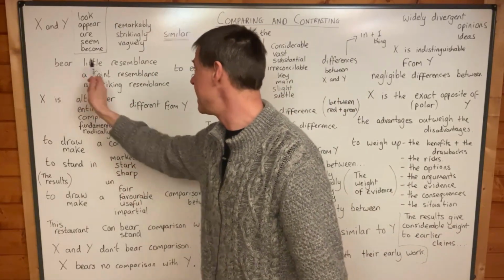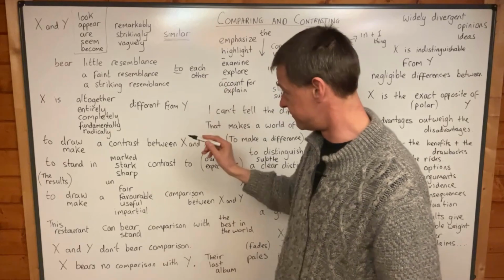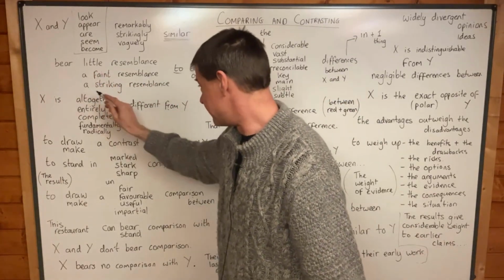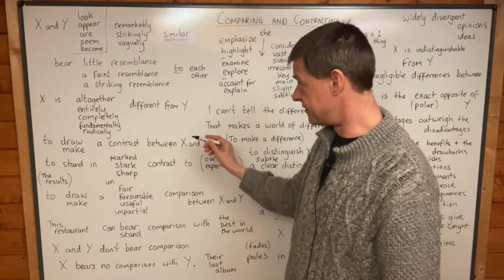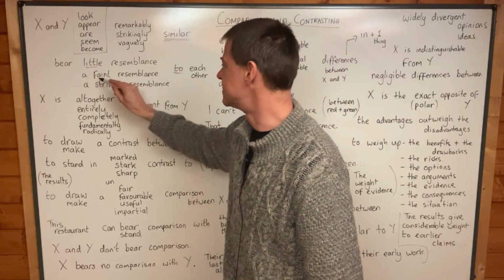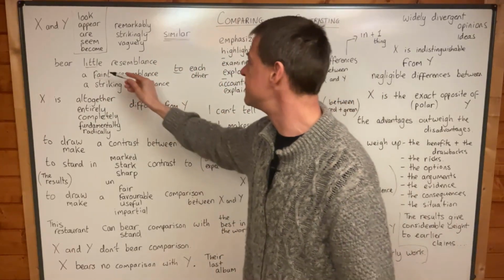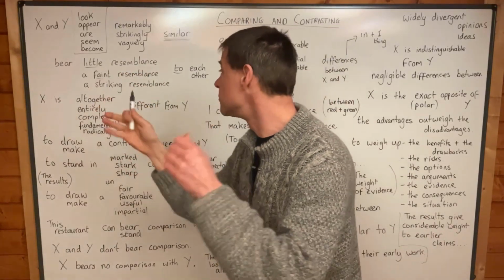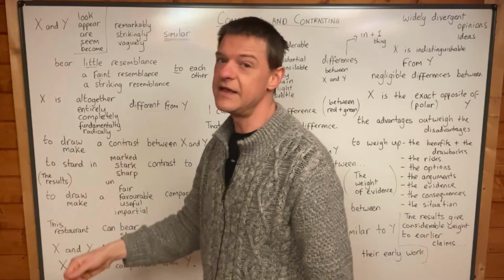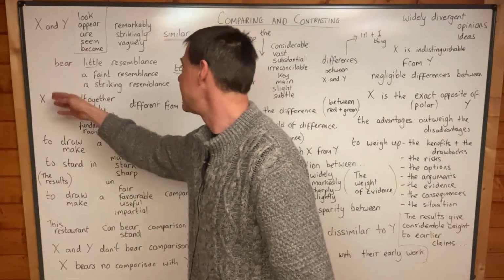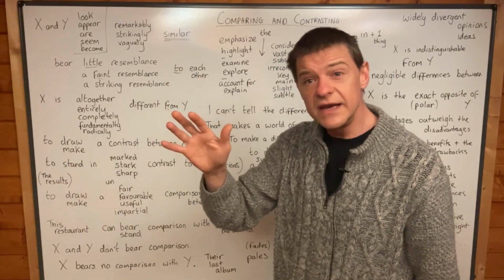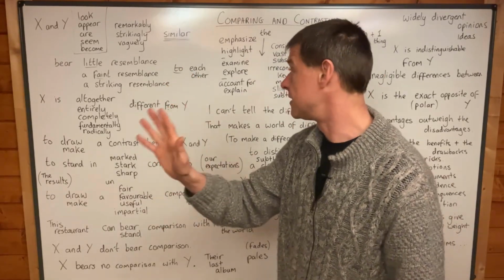Okay, we also have bear little resemblance to something, bear a faint resemblance to something, bear a striking resemblance to something. And again, a little resemblance, a faint resemblance, these two mean slight. These mean a little bit similar. So if your uncle bears a faint resemblance to you, that means that he looks a little bit like you, but not very much like you.